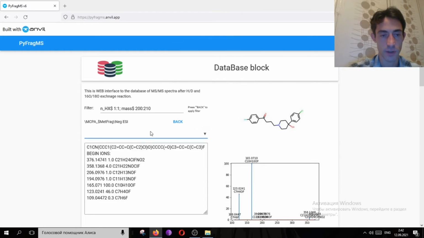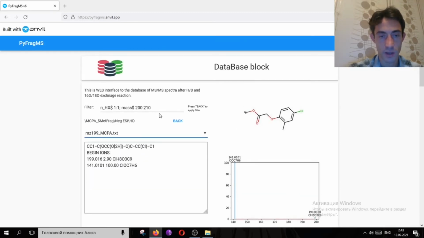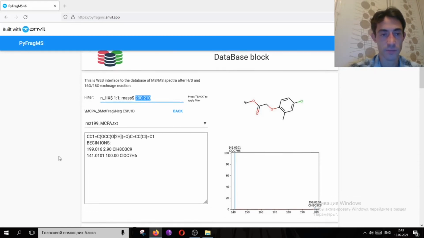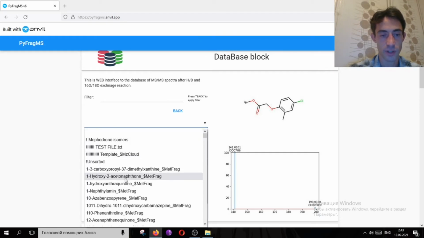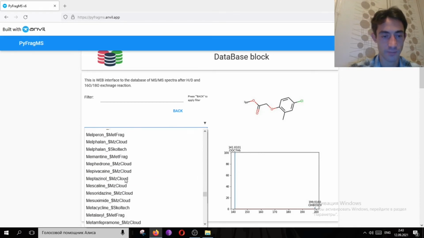Looks like it's for negative ions. So you see how it works. Mass is for the neutral molecule, not for the ion. So this is a database. I have shown you how to search this database using filters, and how to find some molecules in this database.